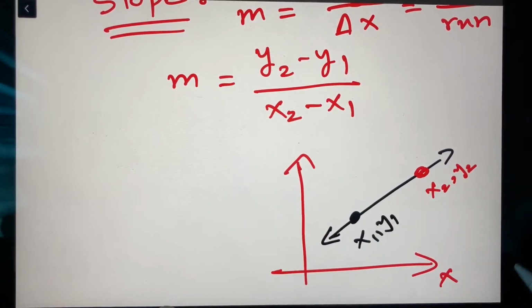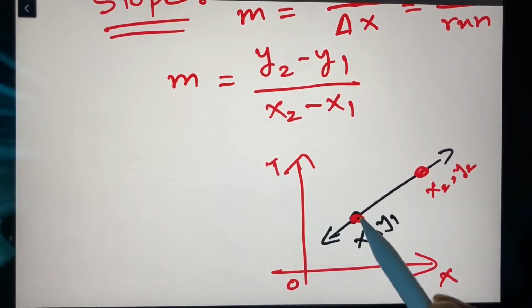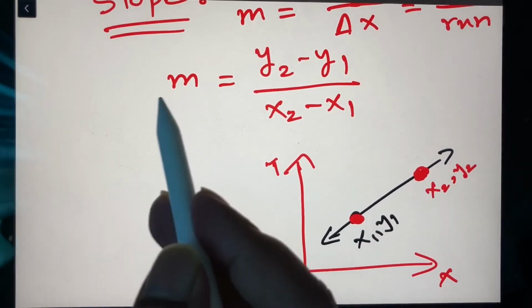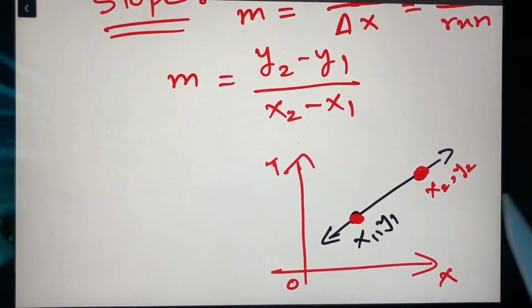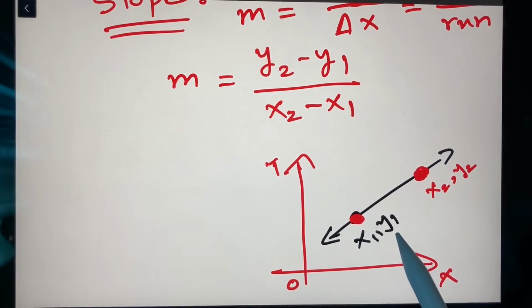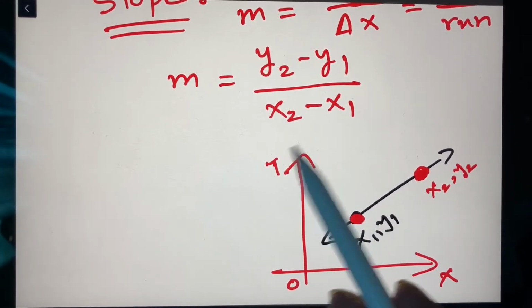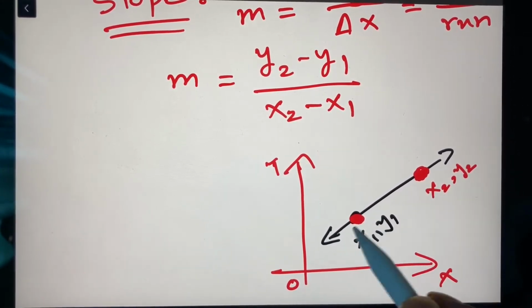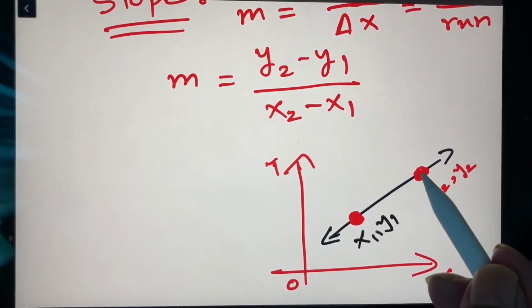Okay, this is our x-axis, this is our y-axis, this is the origin. So the idea is simple. If you know 2 points, you can easily compute the slope. So y2 minus y1 divided by x2 minus x1. All right.